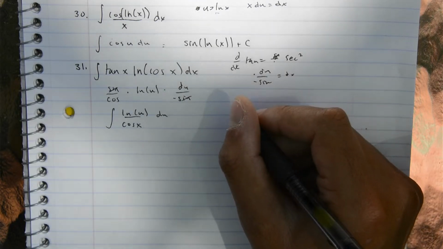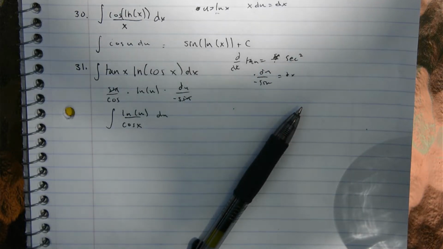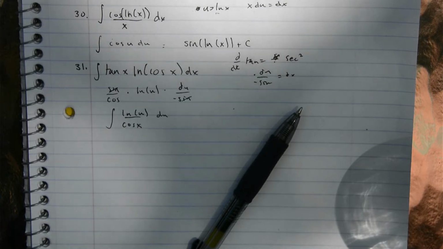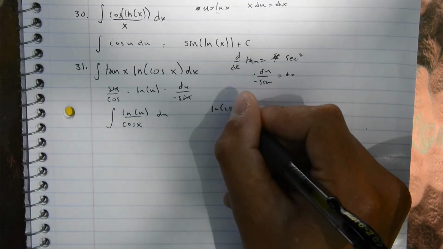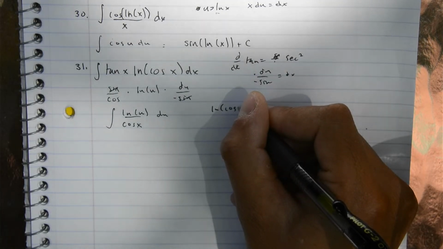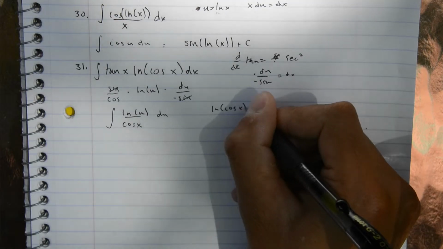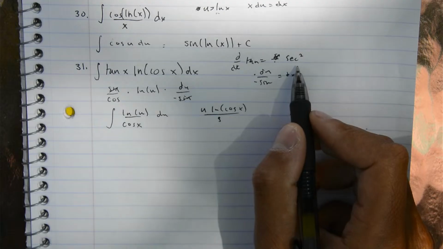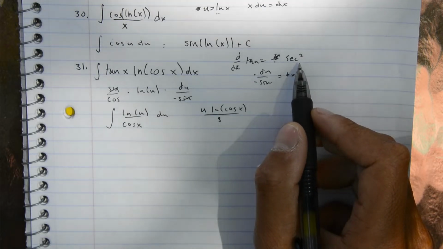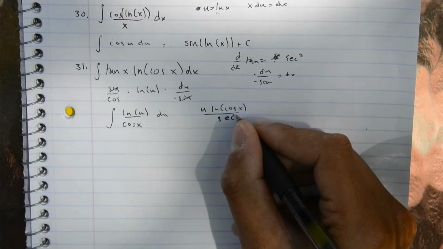And I don't know how to do it. This one's kind of hard. Because if u is tan x, then you're just going to get ln of cos x over secant squared x.